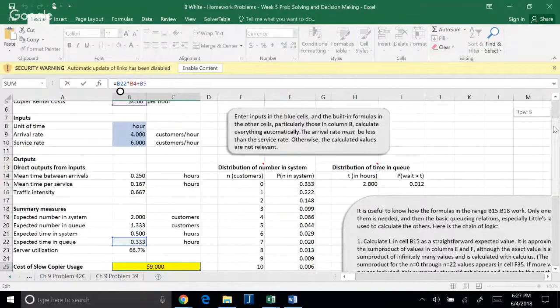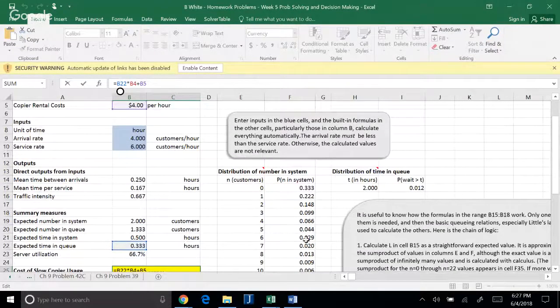First of all, think through the question I sent you in the announcement. Is it costing the company time just while the employee is in the queue, or the entire time that the employee is in the system? If an employee is standing by a copier waiting for their stuff, they cannot be productive doing other things. And so the expected time in system is the better number.